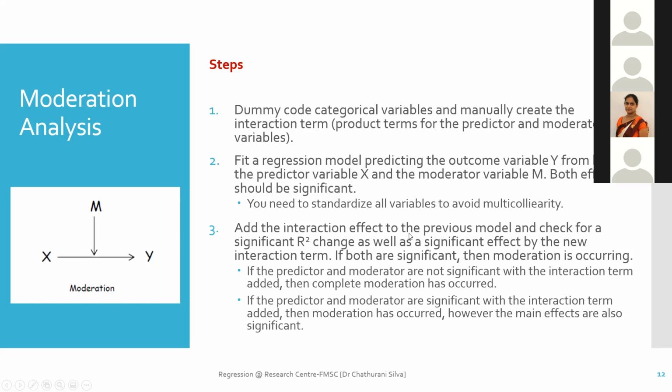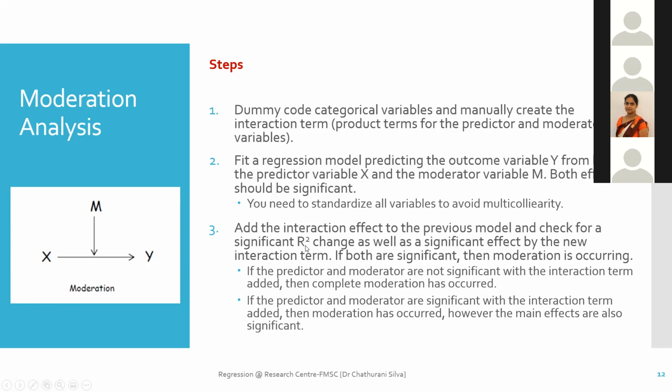And the interaction effect: add the interaction effect to the previous model and check for a significant R-square change as well as a significant effect of the new interaction term. After checking these two variables without including the interaction effect, you have to prove that these two have a significant effect on Y. Then you can multiply the two variables and add that interaction effect into your model.